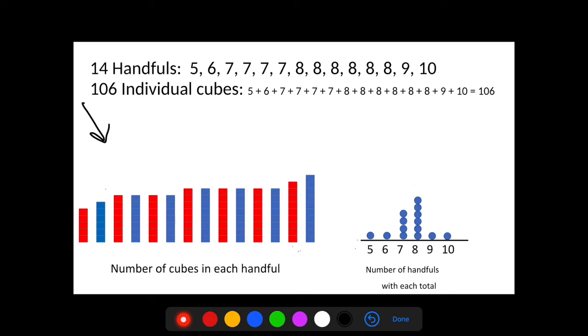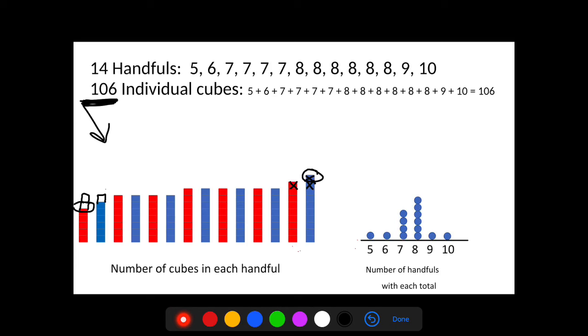So each tower represents cubes, and we have 106 total cubes. If I decide to take 1 cube from the tallest tower and relocate it to the shortest tower, and continue to do that until my towers are fairly even or leveled out, I still have 106 cubes. Moving this cube over here didn't change the number of cubes, it just relocated them.